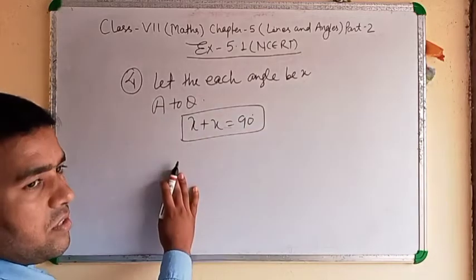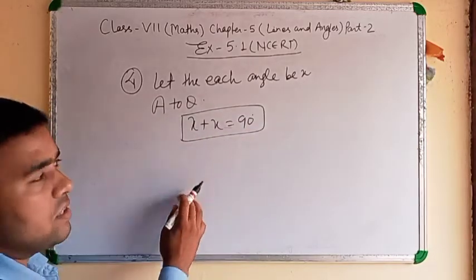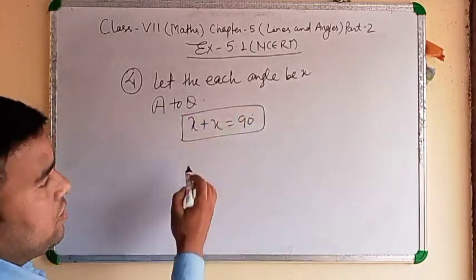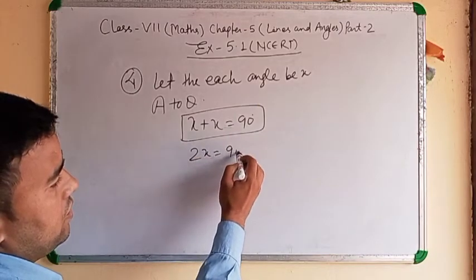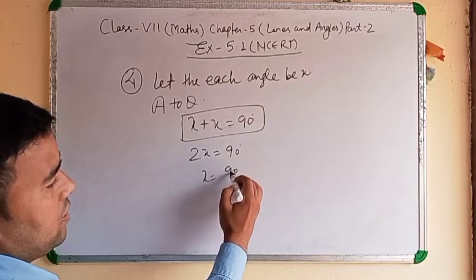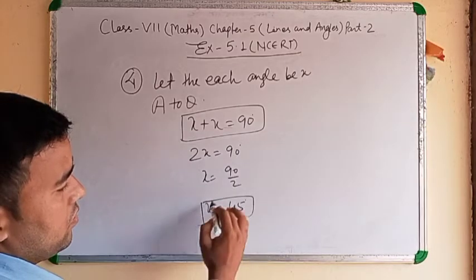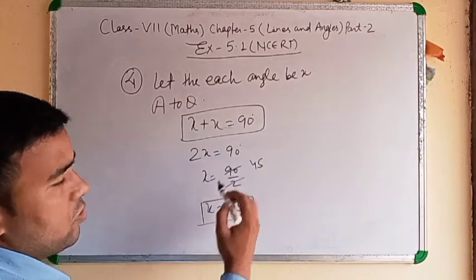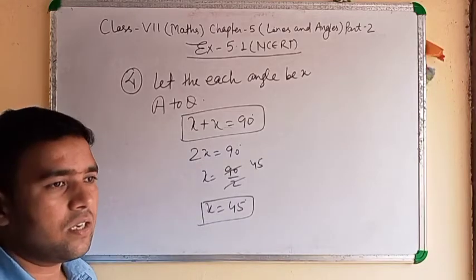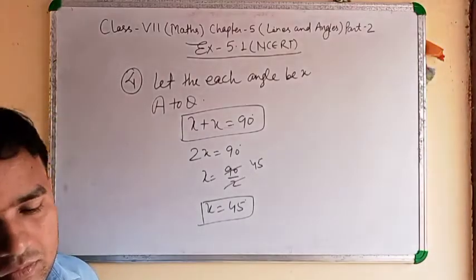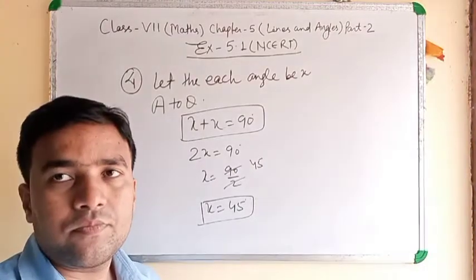Clear? Why have you taken 90? Because it is complement. 2x equal to 90. x equal to 90 by 2. x equal to 45. You will divide it and get 45. Clear? Note down.